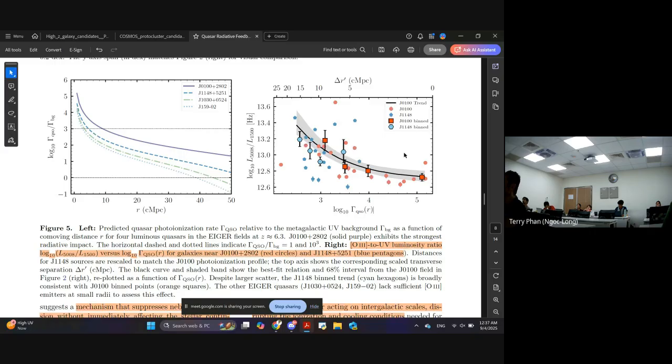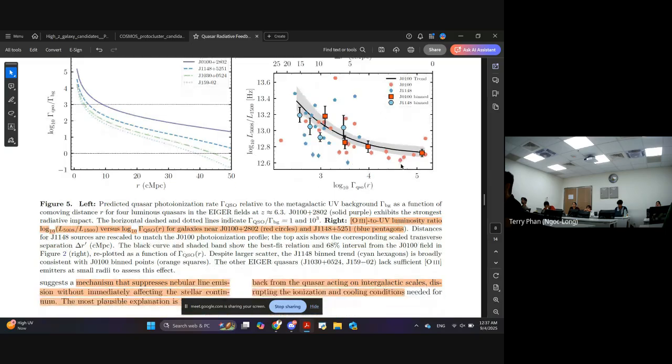On top right here we have distance in units of comoving megaparsecs, and 0 would be where the quasar is, where our object is. So the closer we move to the quasar, the less O3 emission luminosity we have. And that is showing evidence of less star formation going on near this quasar.